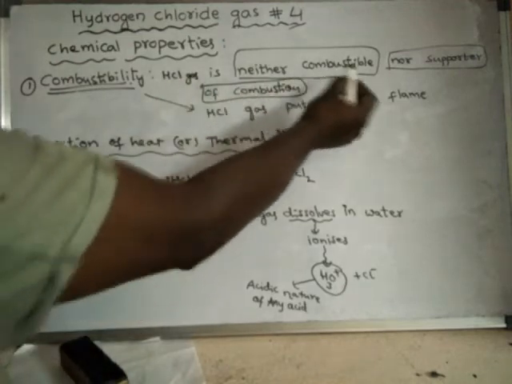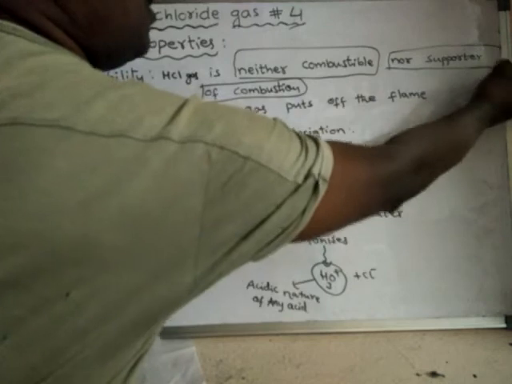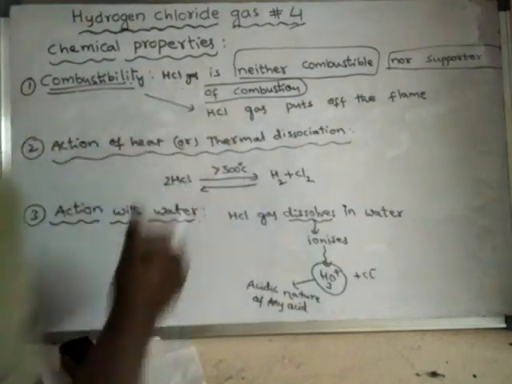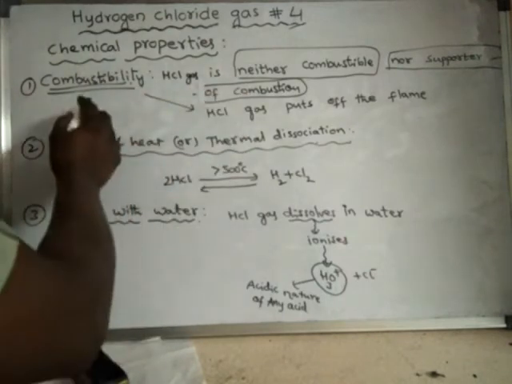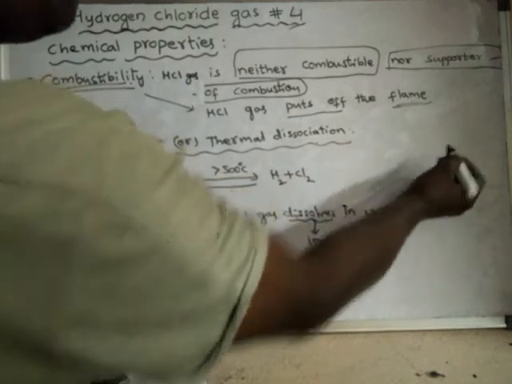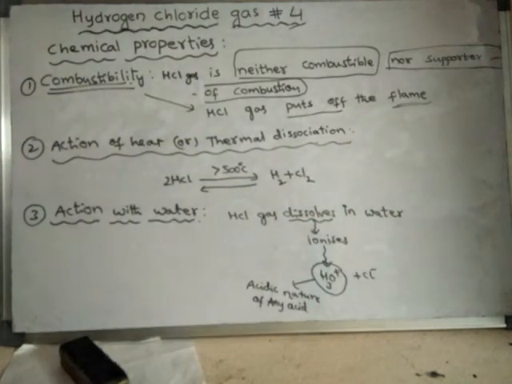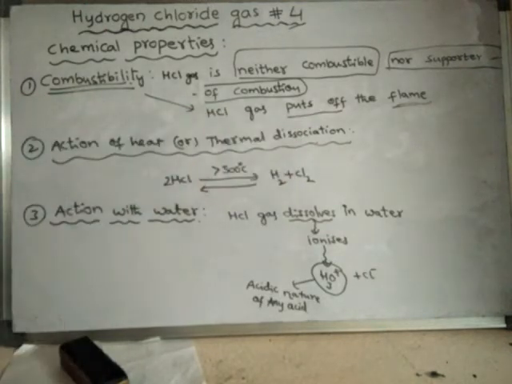HCl is neither combustible nor supporter of combustion. And HCl gas puts off the flame. If there is anything burning and producing flame, that flame is put off by HCl gas.